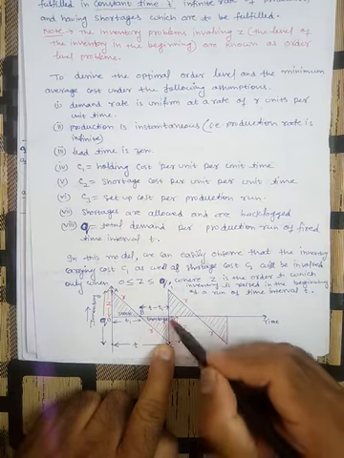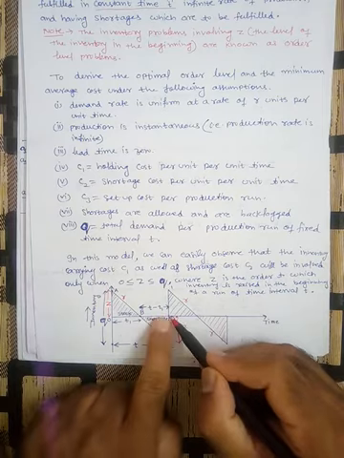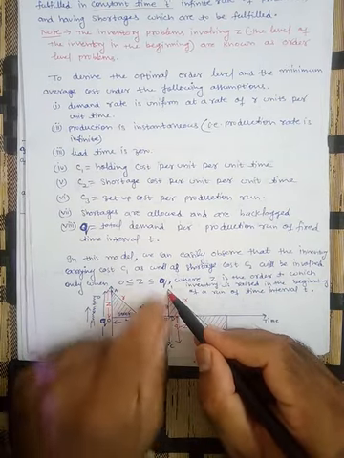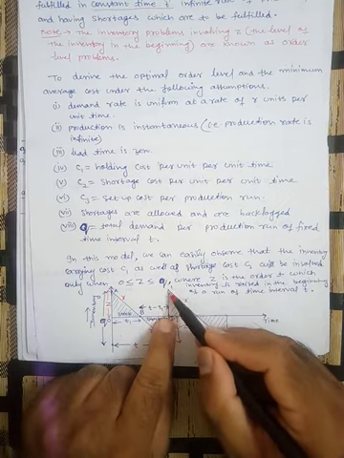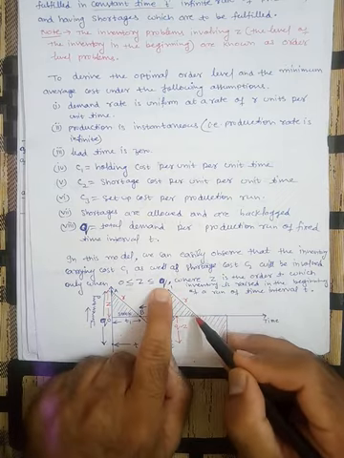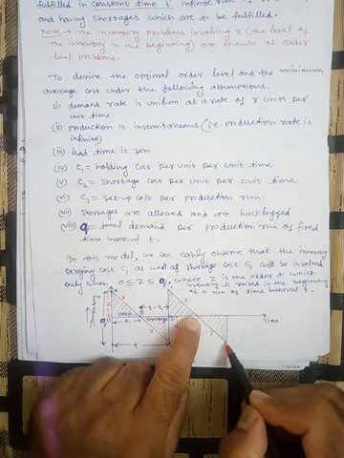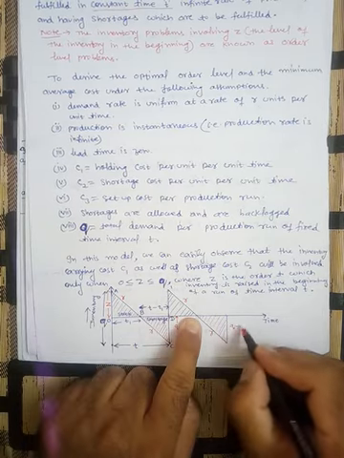You fulfill all your demands Q minus Z, तब आपके पास Z amount बच जाएगा, and then again you distribute, again shortages आएंगी, Q minus Z and so on.